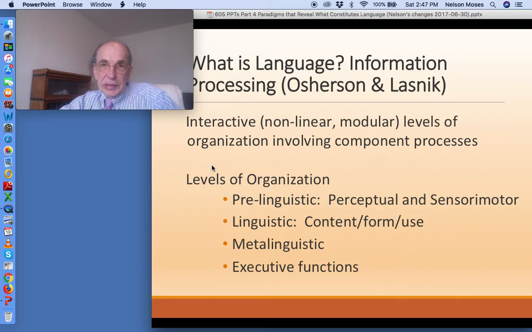If, for example, listening to me, all you're hearing, all you're receiving is noise from me, a string of phonemes. But your mind is organizing that, is decoding that.